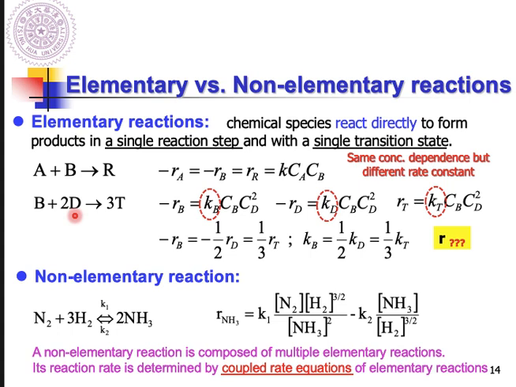So for this case, I will guess it belongs to elementary reactions. But when the number of molecules increases to 1 nitrogen simultaneously reacting with 3 hydrogen, the probability for sure will be much lower. So in this case, I will guess it belongs to non-elementary reactions. Not really 1 nitrogen directly reacting with 3 hydrogen in the meantime. Okay, so in this case, I will guess it belongs to non-elementary reactions.